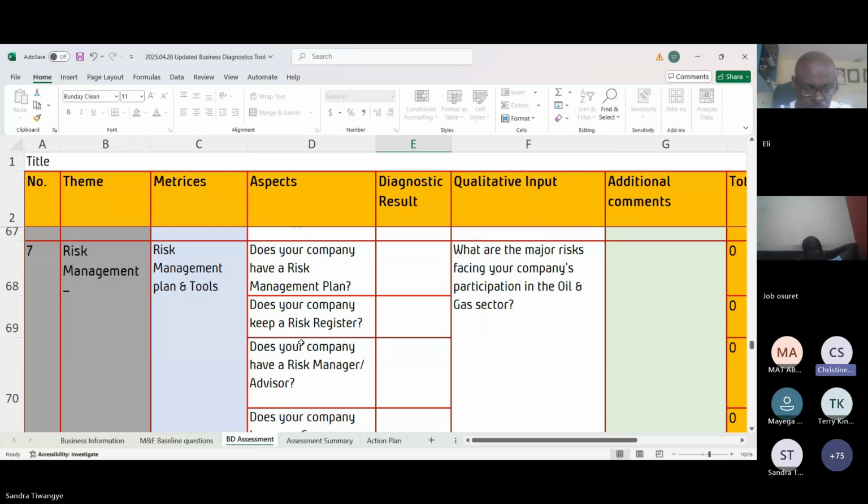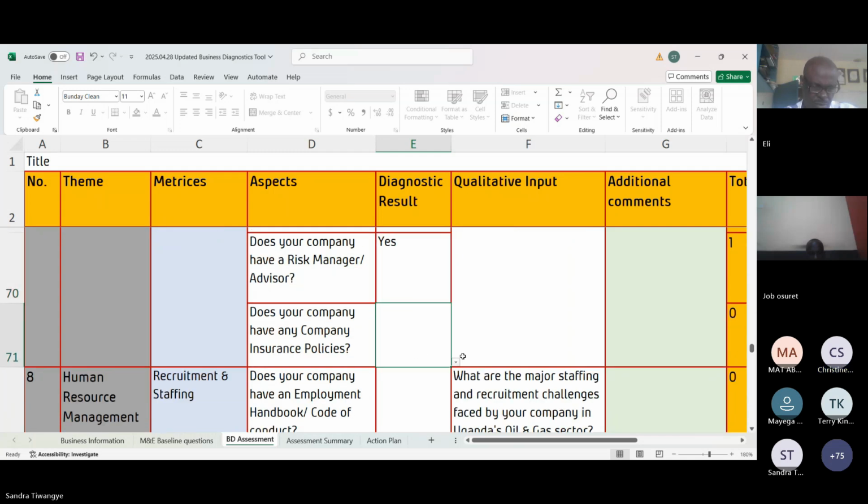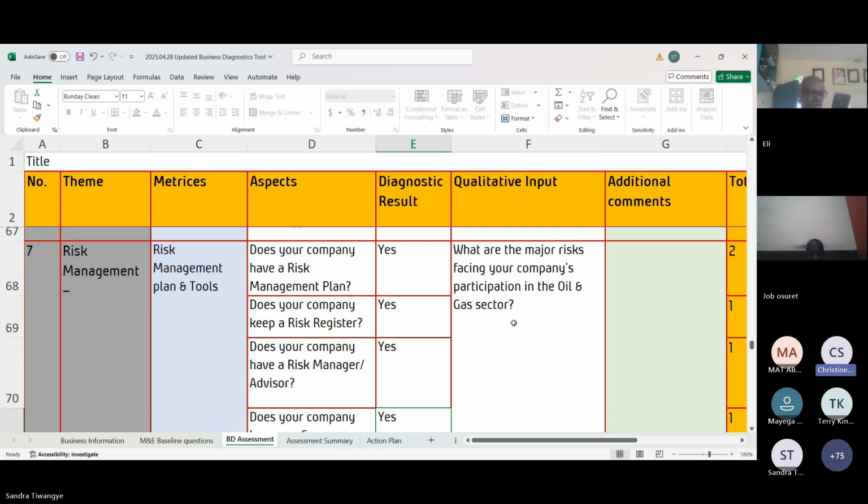I'm hoping this is very clear, but the chat section remains open and also giving you time to click accordingly, and also reminding you that we have that qualitative input where we want to identify additional factors pertaining to risk management in your organization.